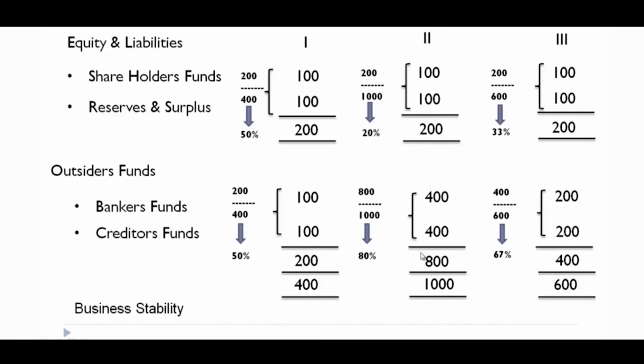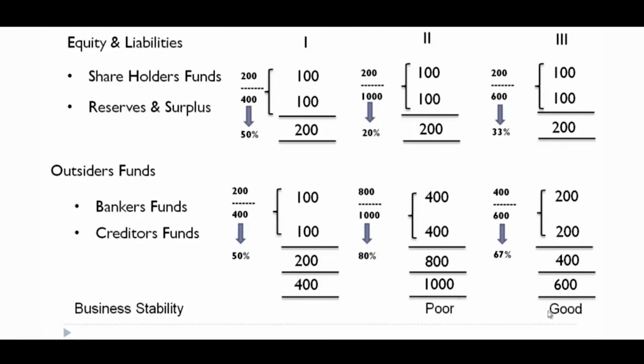They have funded 80% of their requirements for the business unit and only 20% is from the owner. If these guys suddenly withdraw the support or ask for the payment and some of their payment is not honored, it is highly possible that these guys will take the company in scenario 2 for a ride for not meeting their obligation. So business stability will be very poor in scenario 2.